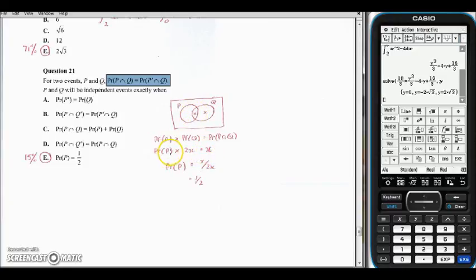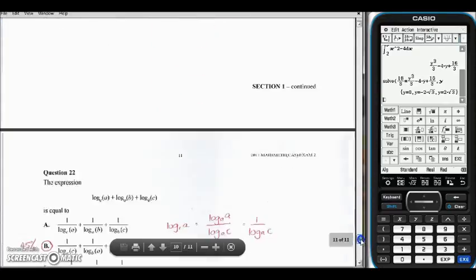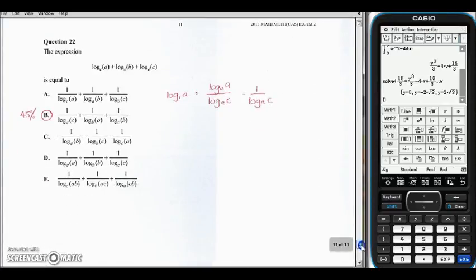So if probability of P multiplied by 2x equals x, then the probability of P is equal to x divided by 2x, which is a half. So it's actually E. This question was done really badly. I think people didn't really try to look at the algebra and had a guess. All five options were pretty well spread out, but there you go, the answer was E.